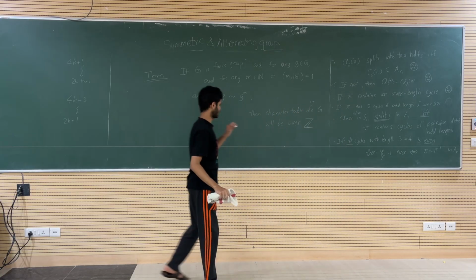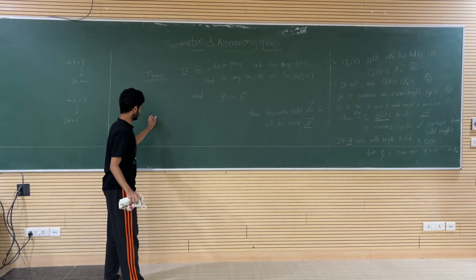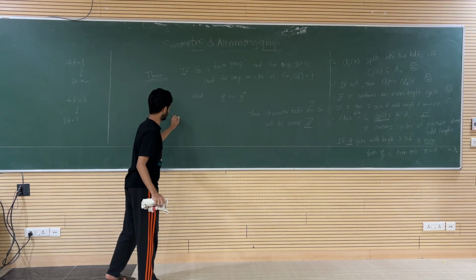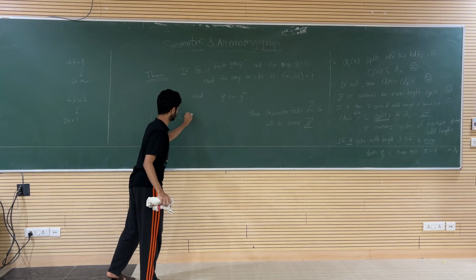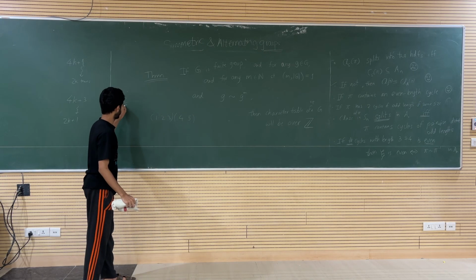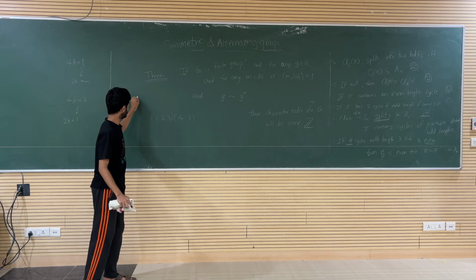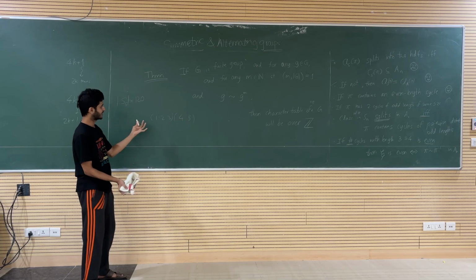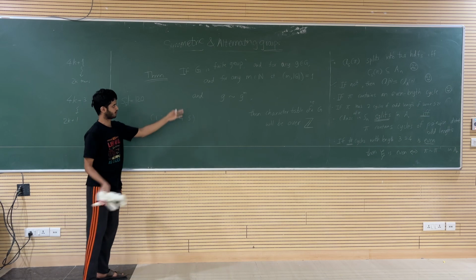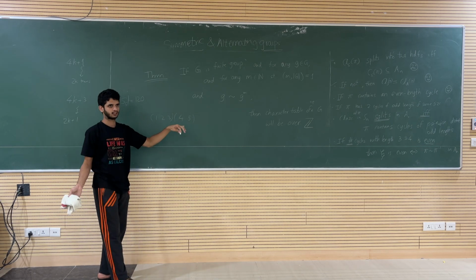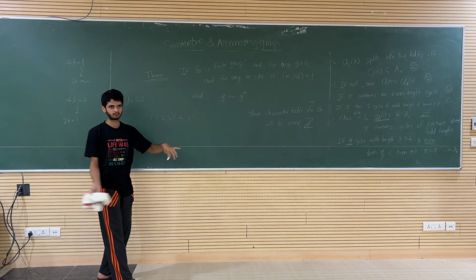It's not direct. Imagine I have 1, 2, 3 and I have 4, 5, and this is in S5. What is the size of S5? 120. Now it's not guaranteed that the kth power of this will preserve the same cyclic structure.